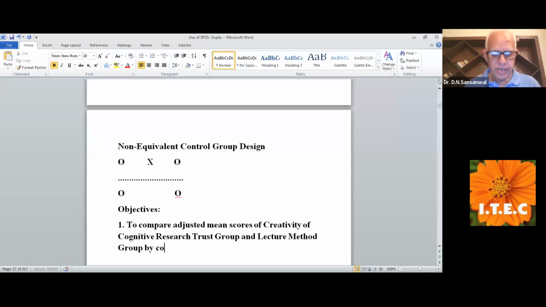By considering pre-creativity as covariate.